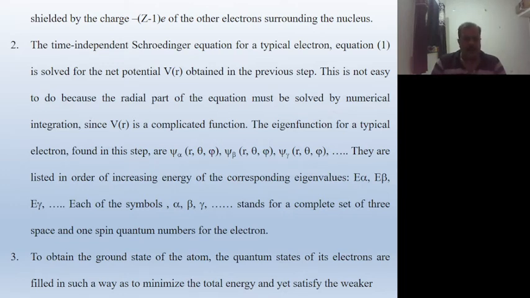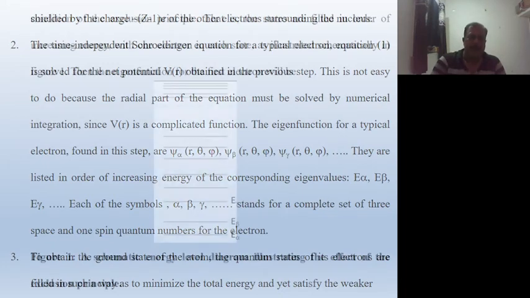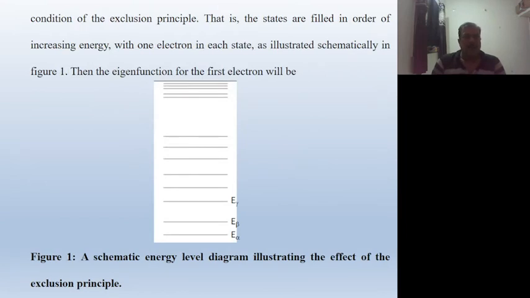Now, to obtain the ground state of the atom, the quantum states of its electrons are filled in such a way as to minimize the total energy and yet satisfy the weaker condition of the exclusion principle. We have already discussed what the exclusion principle is.